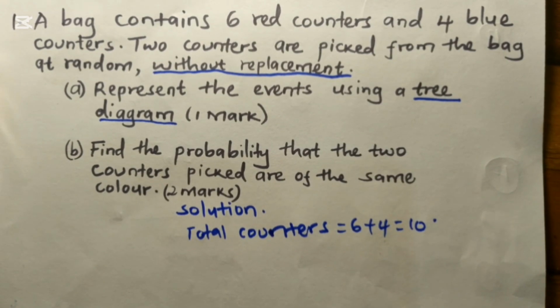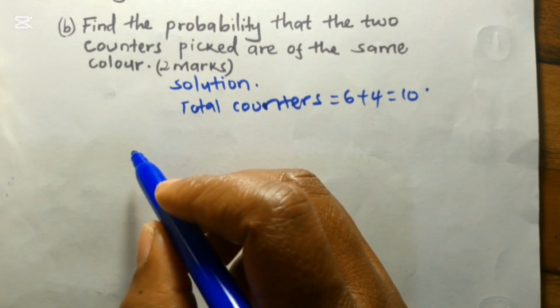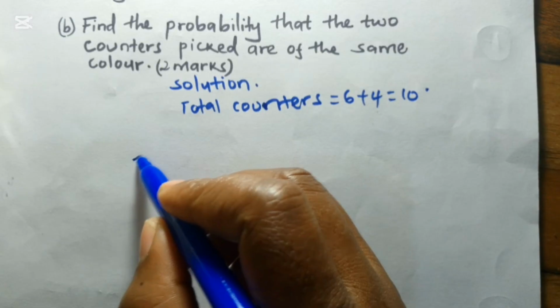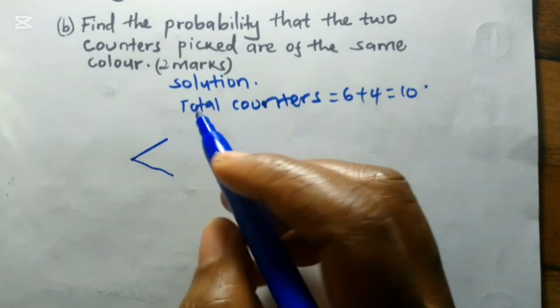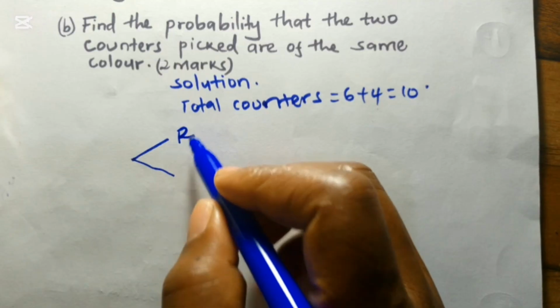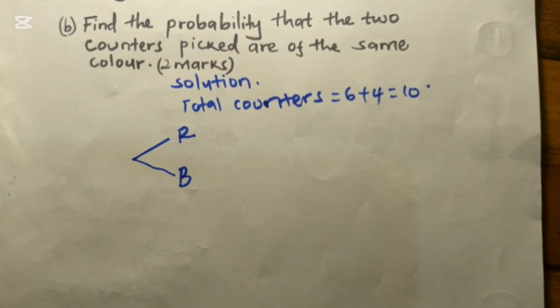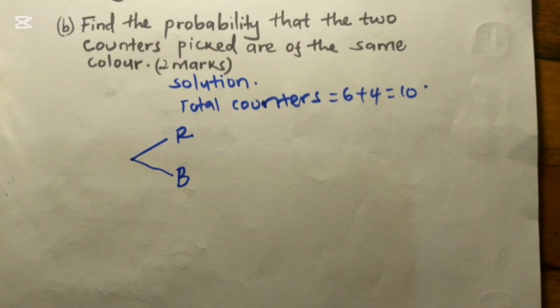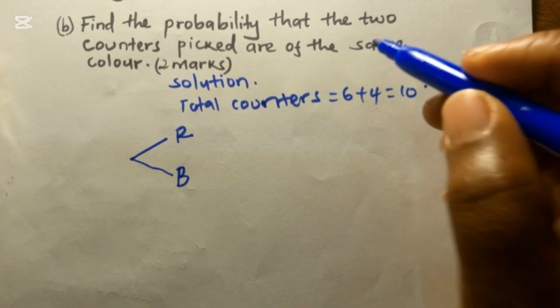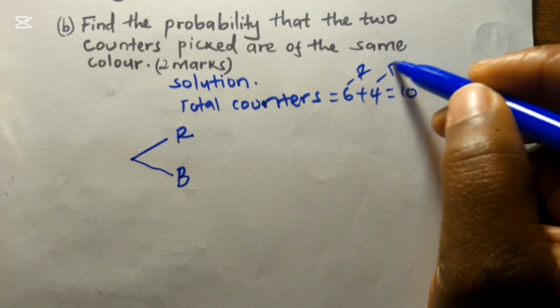So drawing the tree diagram for this case, we'll have the first picking. We'll pick a red or a blue, and then we need to know the probability of picking a red. Remember, 6 are red, 4 are blue.